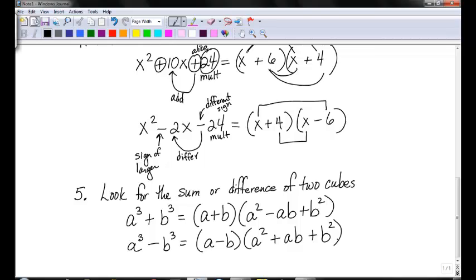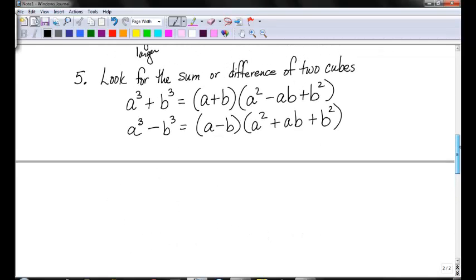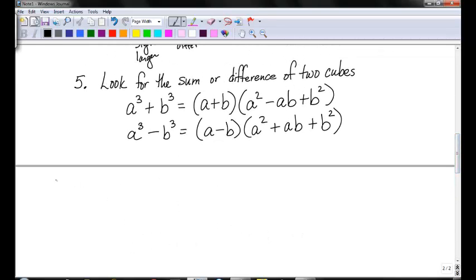When you factor cubes, you always want to figure out what's the a and what's the b. So let's look at an example. Say I give you 8x cubed plus 125, and I want you to factor that. Don't factor it with the 8. Figure out 8's a cube of what number? 2. So I can rewrite this as 2x quantity cubed. 125 is a cube of what number? 5.